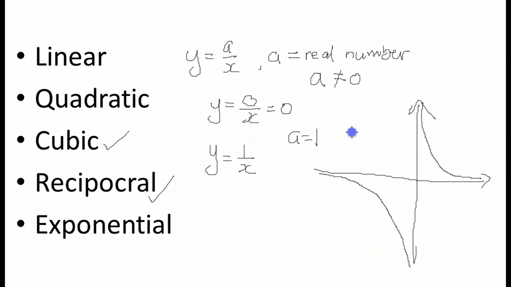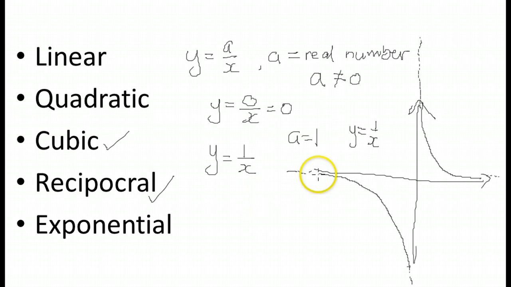So this is the reciprocal graph of y equals 1 over x. Take note that the graph never touches the axis. As it extends to infinity, it will get closer and closer to the axis, but it will never touch the axis. So this is how a reciprocal graph will look like.